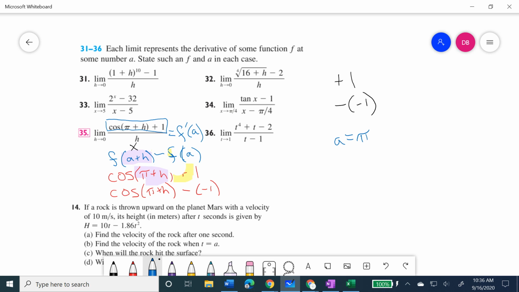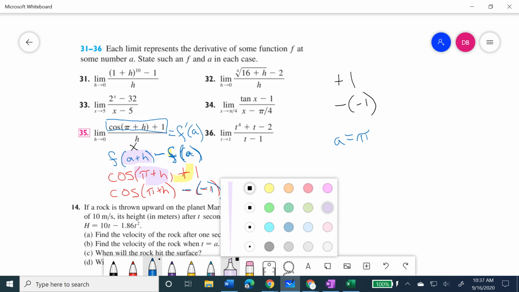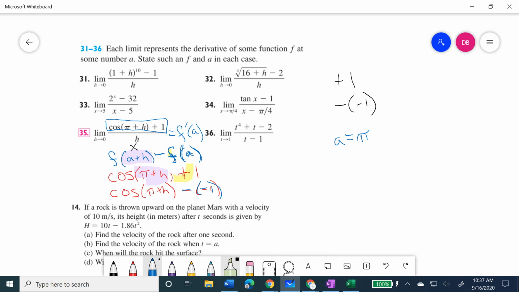From there, if this is matching the minus f of a, then that means that the entire function, and I'm going to change my highlight color, f of a plus h is that entire statement.